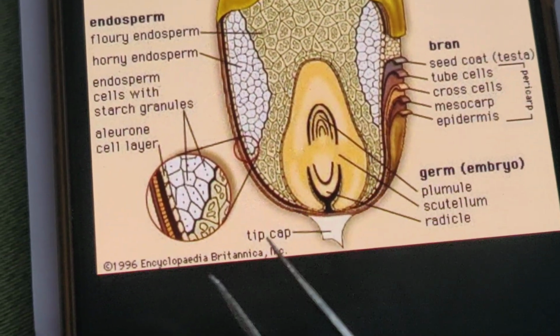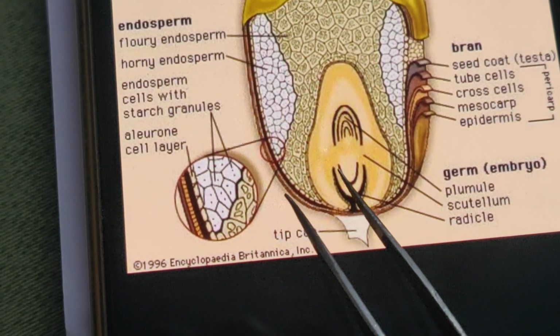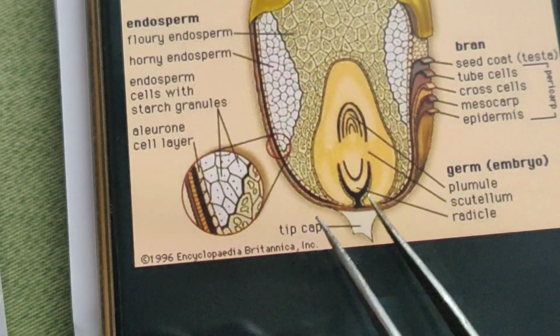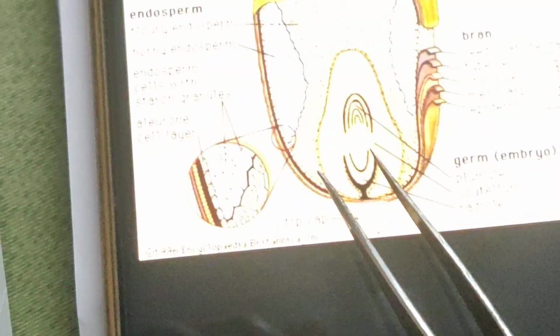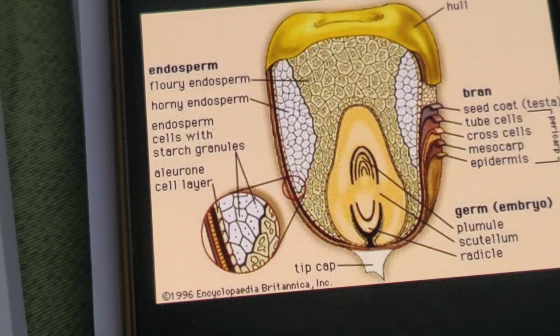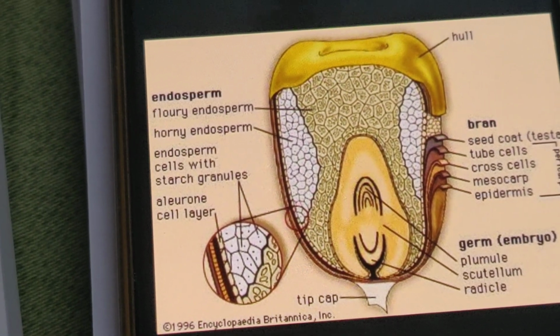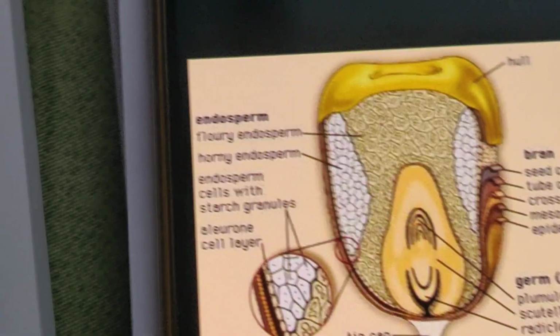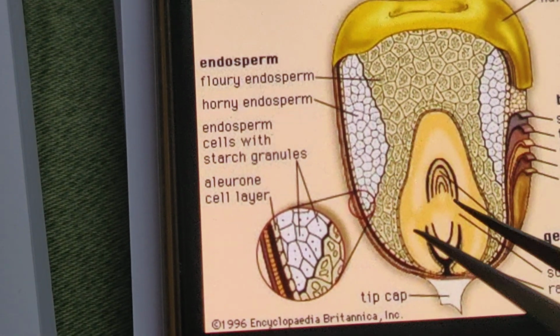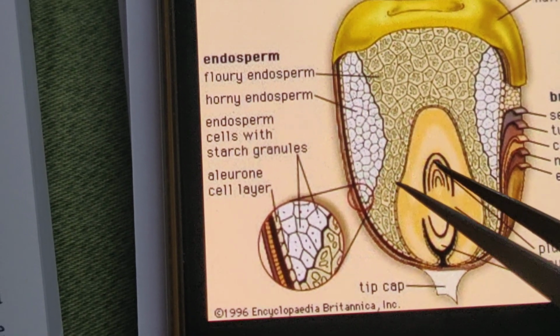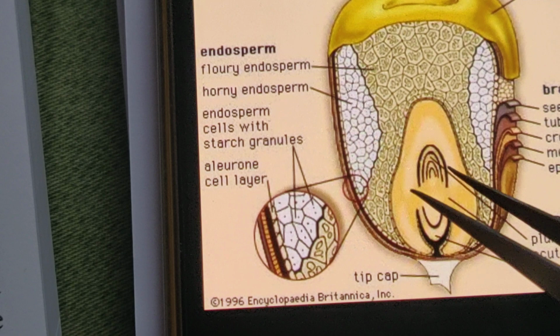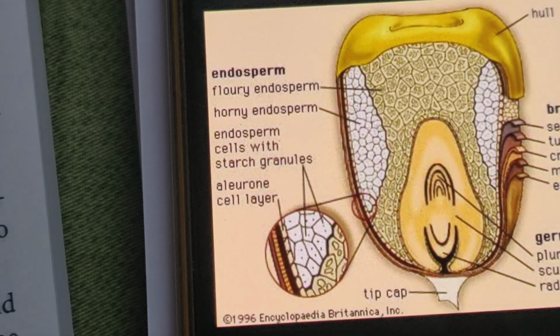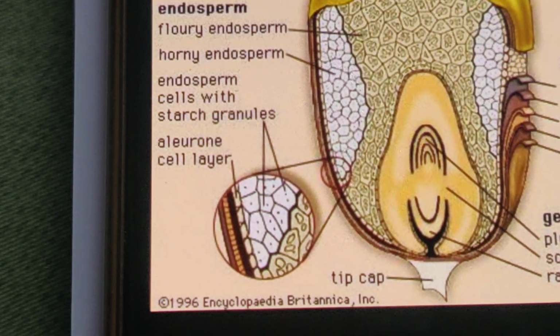See, this is the radicle, and this black U-shaped structure is the protective sheath known as coleorhiza. And the plumule that is present here is again protected by a sheath, this arch structure. This protective sheath is known as coleoptile.